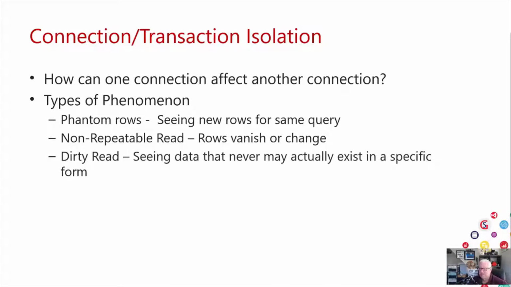A dirty read is seeing data that may not have actually existed. So if you are doing a query of a table and someone's in the middle of an operation, go back to the lost update, and they update all the rows in the table and they say set value times 10 for every row. And at the last row in that process, it hits a constraint that says that value is too high or that value is too low.